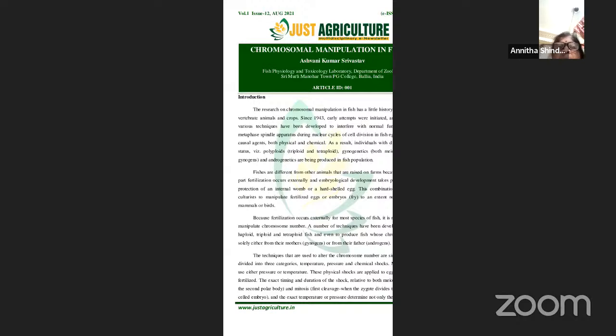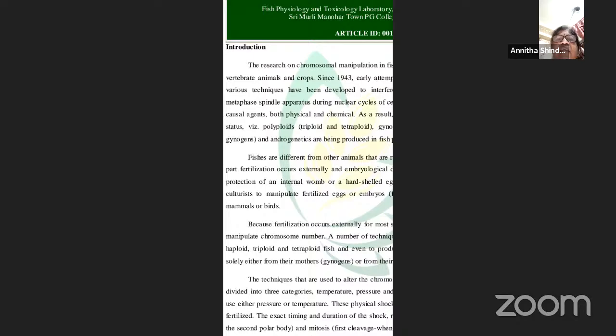The same thing I'm going to deal with here. So this is called chromosomal manipulation or genetic manipulation in fishes. This is a research article.